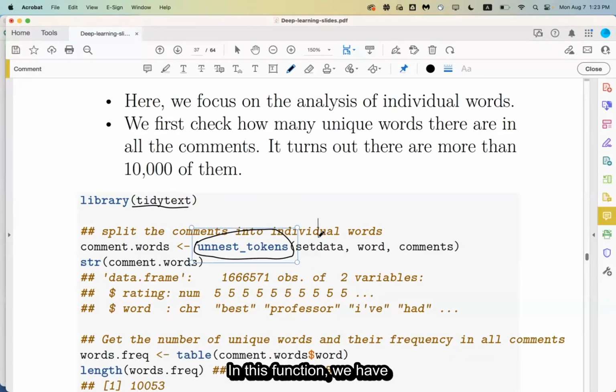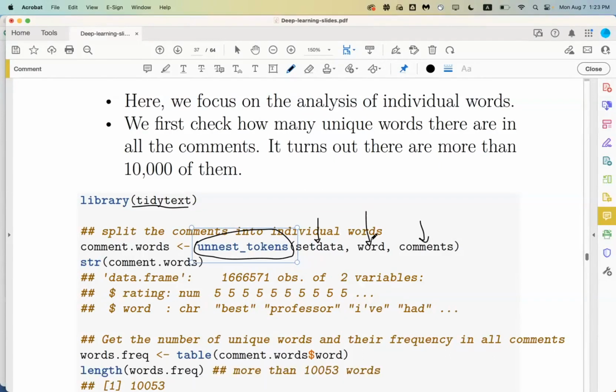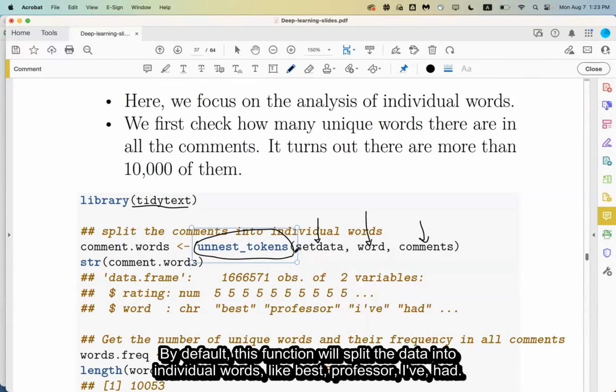In this function, we have our data set, then our original data variable, and then the word is the data after splitting. By default, this function will split the data into individual words, like best, professor, I, had.